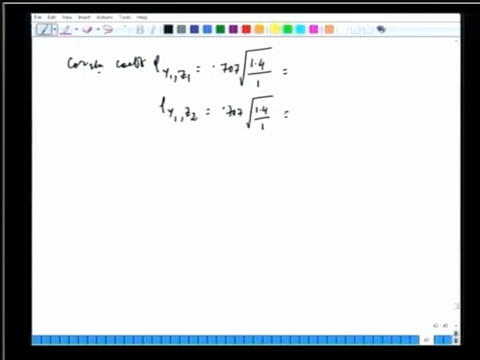The interesting thing to see here is that for y1 to z1 and y1 to z2, the degree of association is the same, because E11 is equal to E12, and I have the same eta value coming here, and the z's coming from the correlation matrix have equal variances, which is equal to 1. So, precisely, rho of y1 z1 is equal to rho of y1 z2.